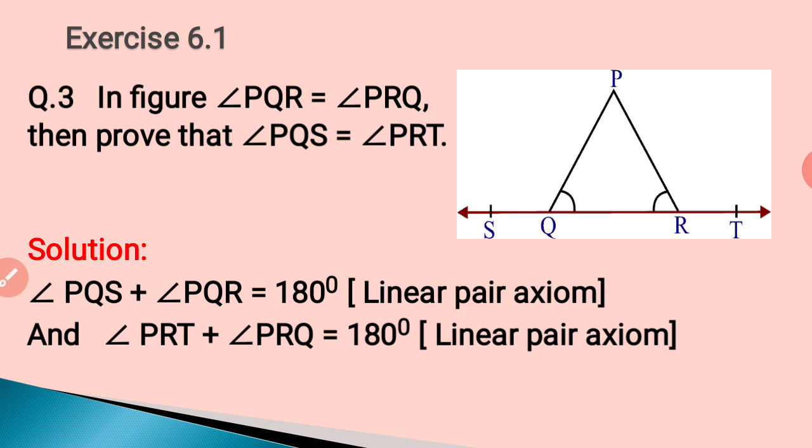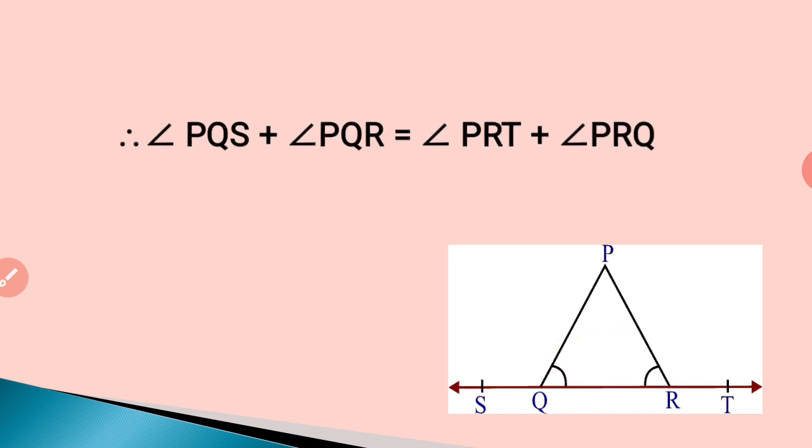Now, if we look into these two statements, we will see that in both the cases, the right hand side is 180 degrees. That means the right hand sides of both the statements are equal. If the right hand sides are equal, the left hand sides also should be equal. So, we can say that angle PQS plus angle PQR equal to angle PRT plus angle PRQ.